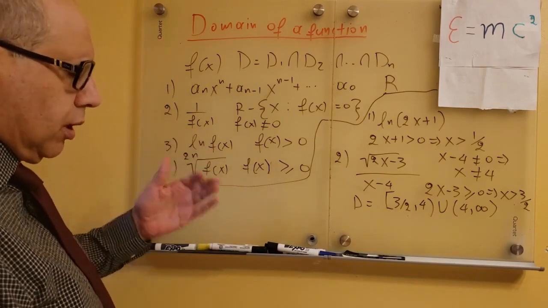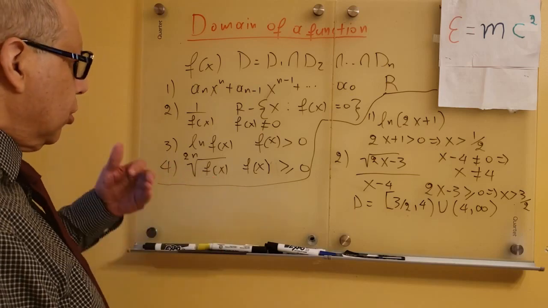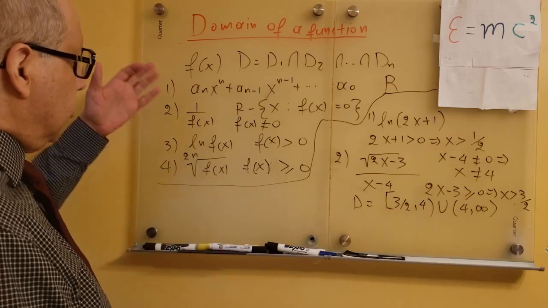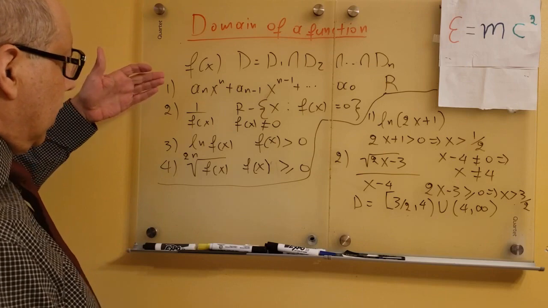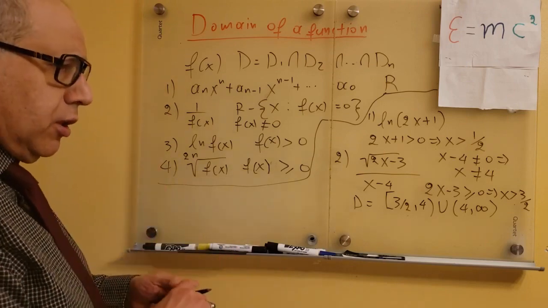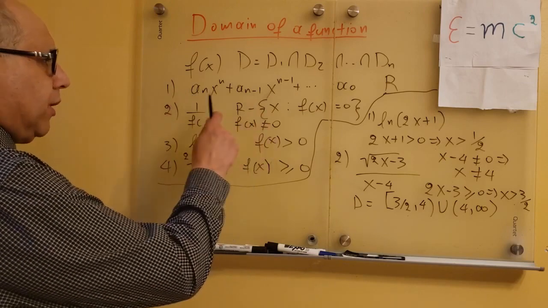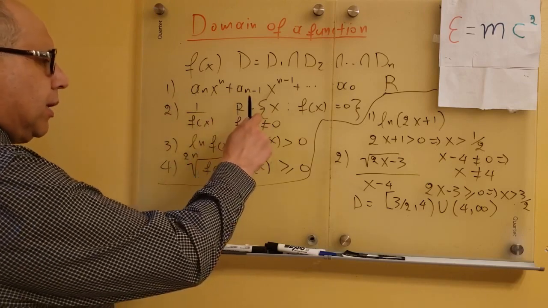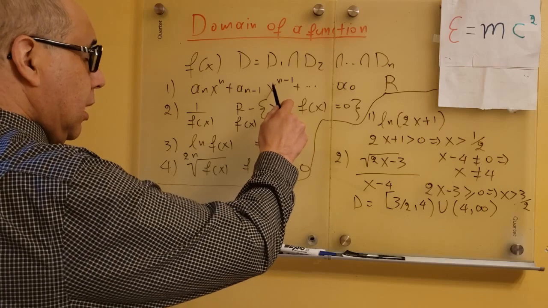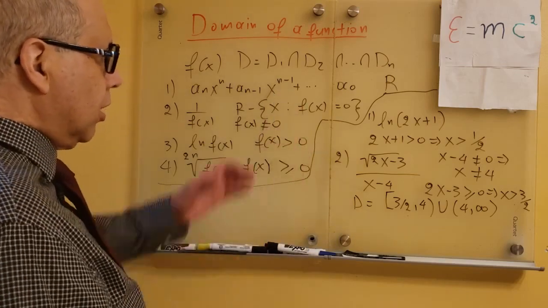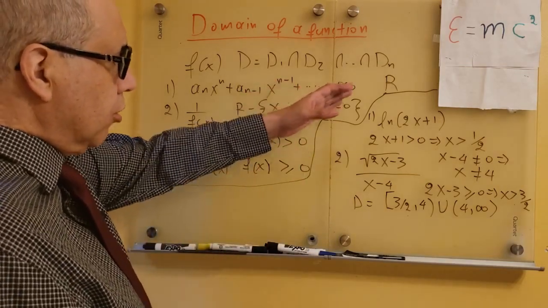Now, what theory do you need to know here? You need to know the domains of the main functions. First of all is the polynomial function a_n x^n plus a_(n-1) x^(n-1) plus ... plus a_0.